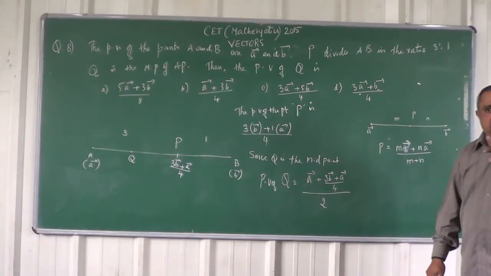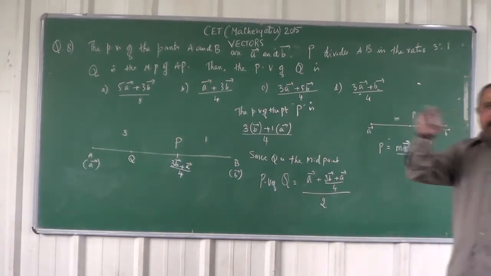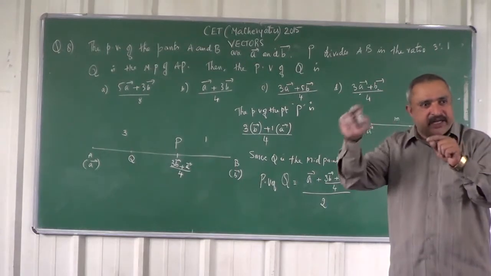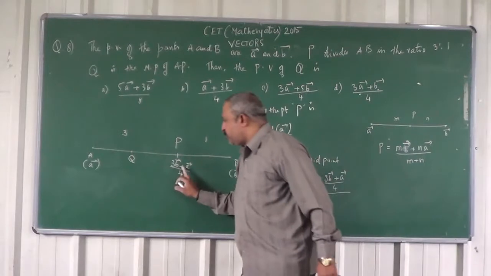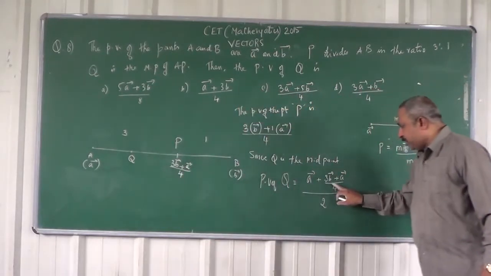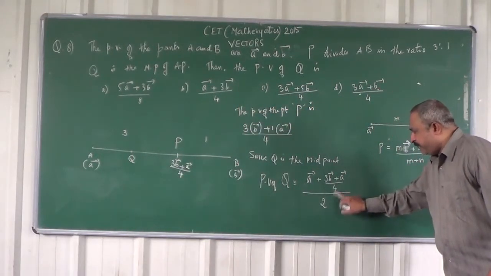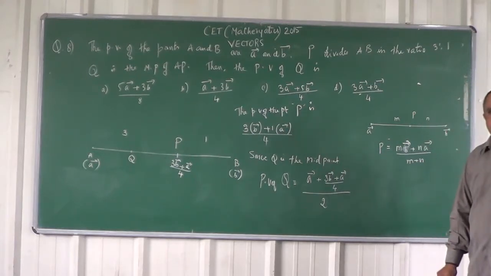What is the midpoint formula of vector A and vector B? Vector A plus vector B divided by 2. So this is the position vector of A, this is the position vector of P, according to the midpoint formula.